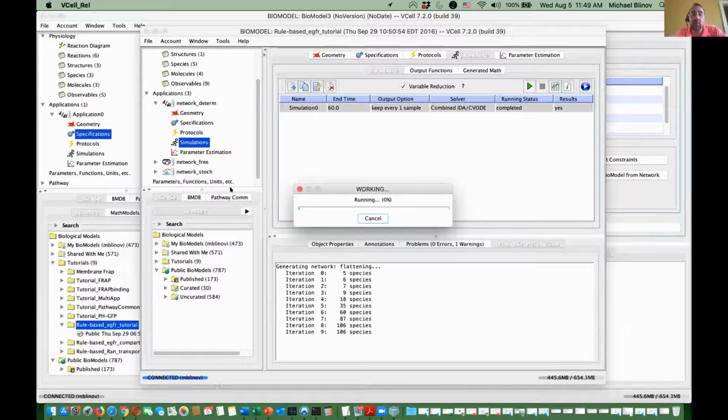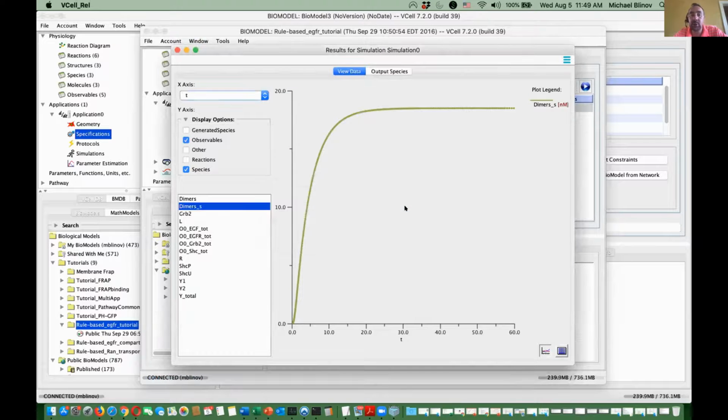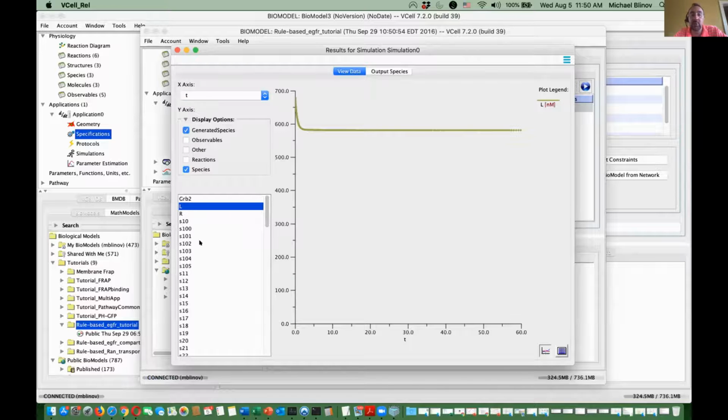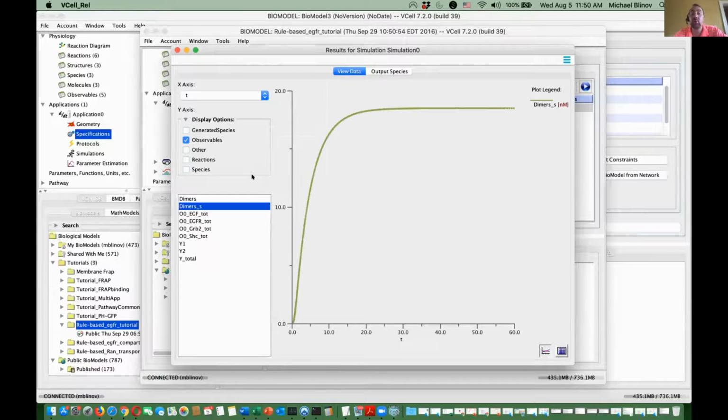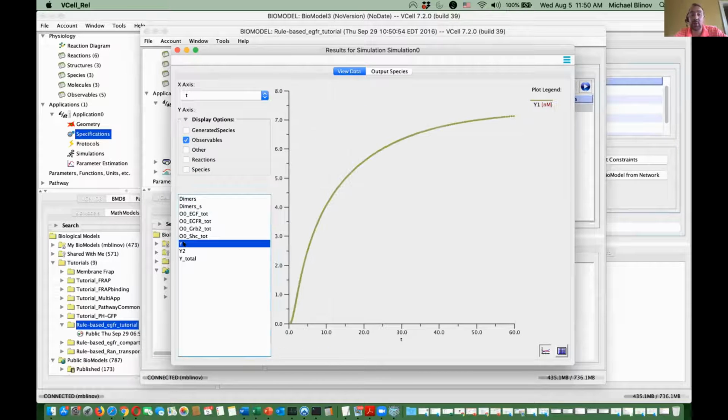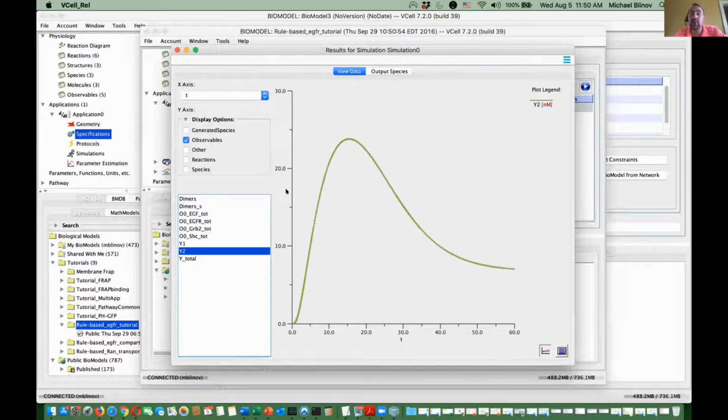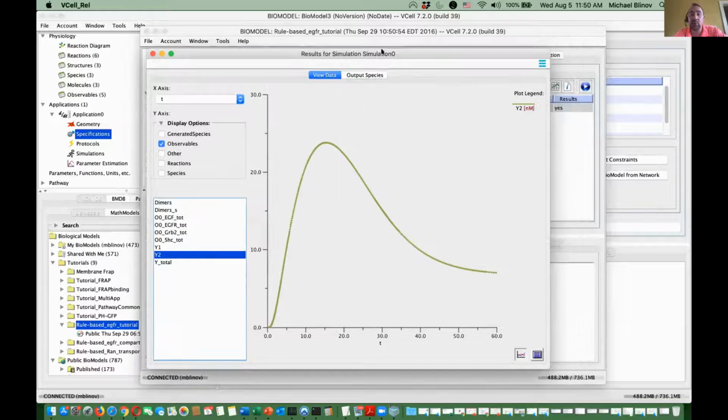You can also, within Virtual Cell, place it into multiple compartments. You can get so-called generated species, so you can get a time course for each of these individual species. But what you're interested in is observables. So we defined the phosphorylation for one tyrosine, phosphorylation for another tyrosine, and this is what this model gives you.